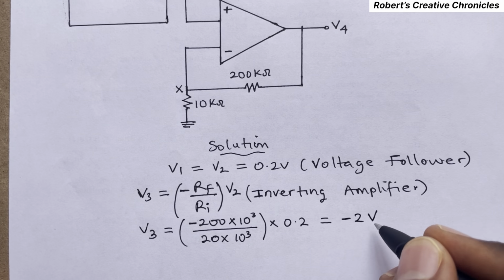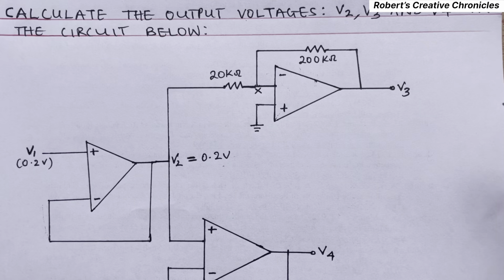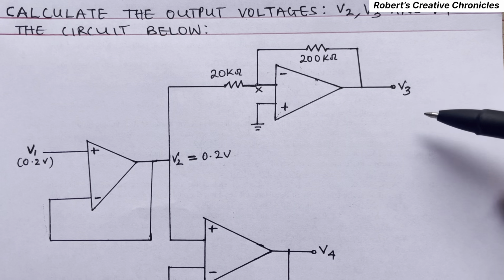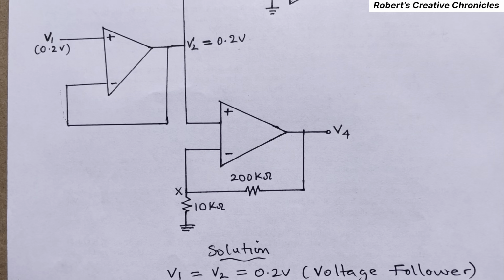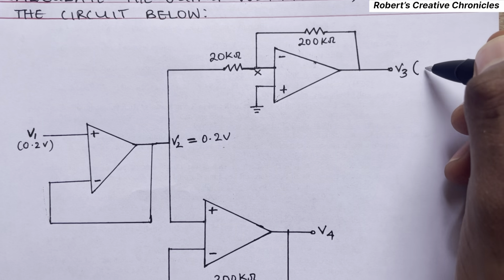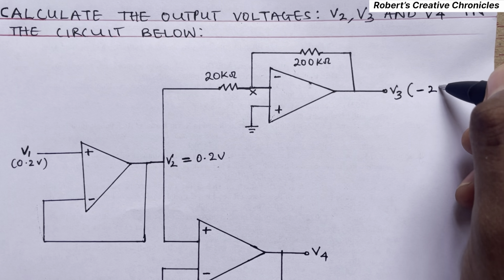This is negative 2 volts. So the output for this inverting amplifier is negative 2 volts.